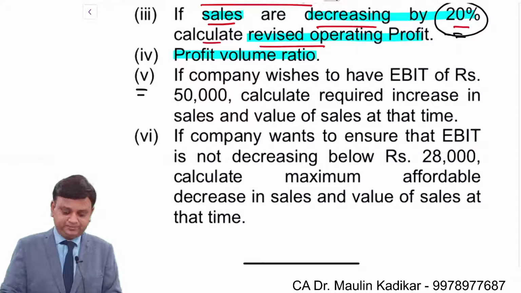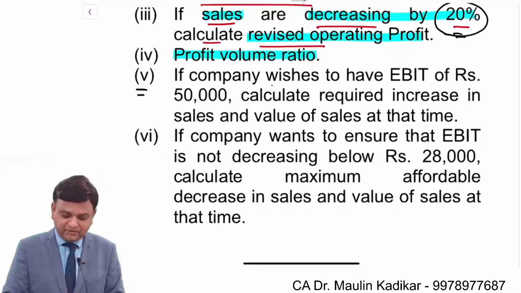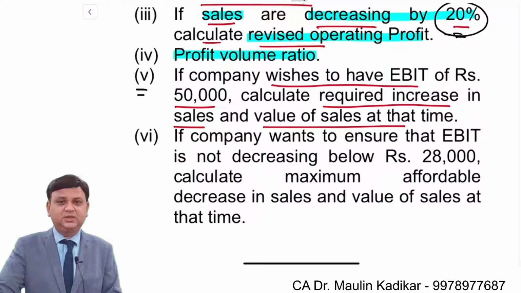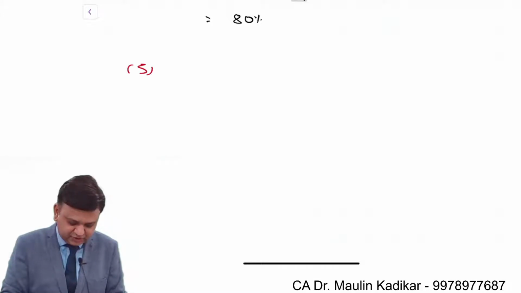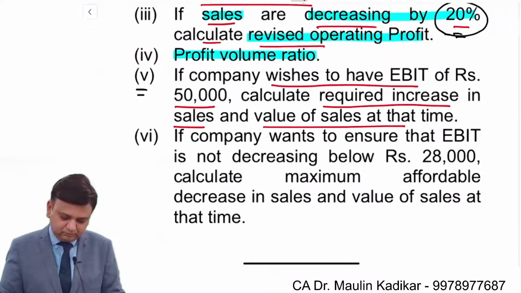Fifth question. If the company wishes to have EBIT of 50,000, calculate the required increase in sales and value of sales at that time. Try to do the answer on your own. So answer of the fifth question. The company wishes to have EBIT of 50,000.